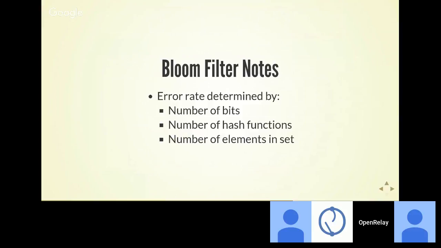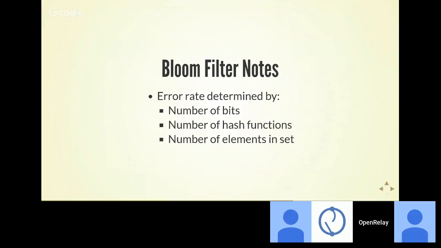The error rate for a bloom filter is determined by the number of bits in the bloom filter, the number of hash functions that you use, and the number of elements in your set. So if you know, for example, that you are going to be creating a bloom filter with 2 million items in it, you can pick a number of bits and a number of hash functions that will minimize the error rate for your 2 million item set.